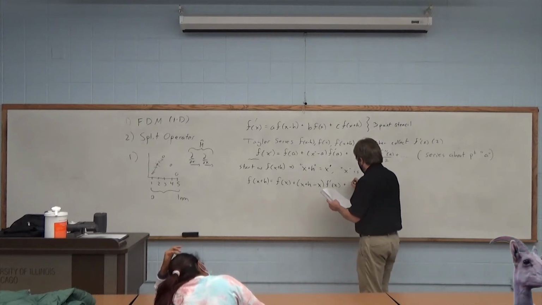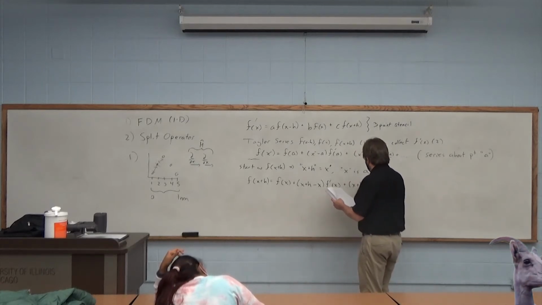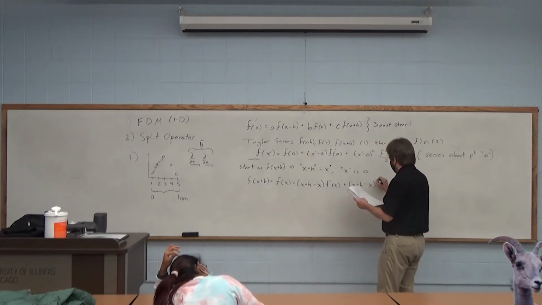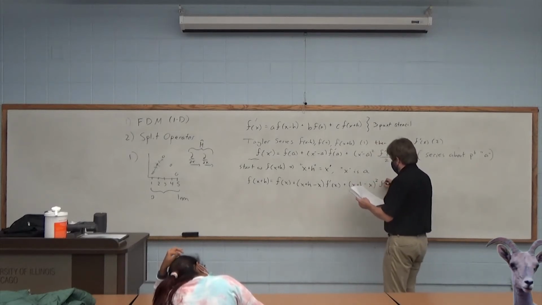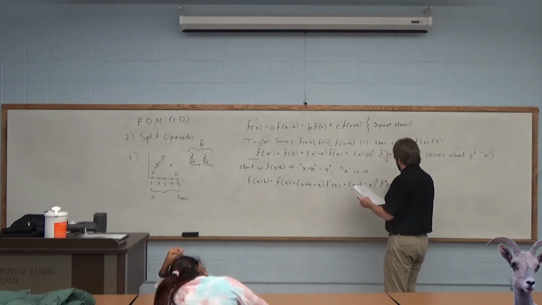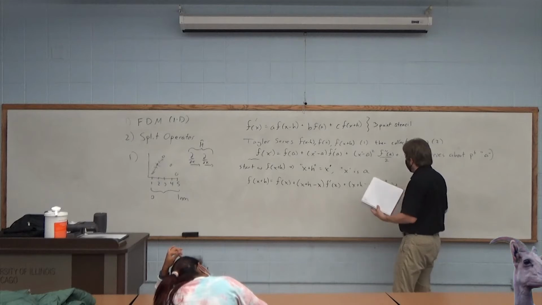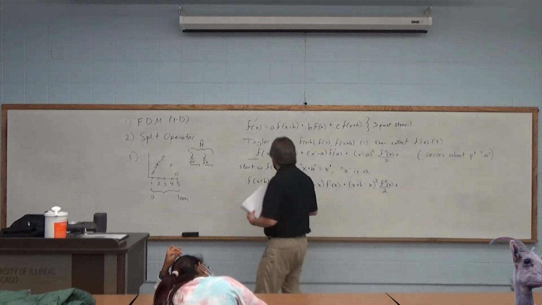Again, I tell you, it gets a little funky. Same thing, x plus h, that's x prime, a is x. Double derivative at point a, which is actually x. And again, we're going to leave off higher order terms.